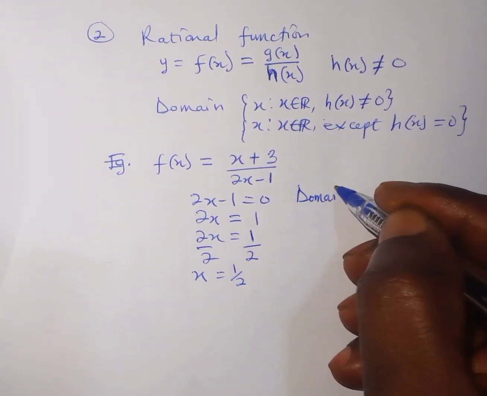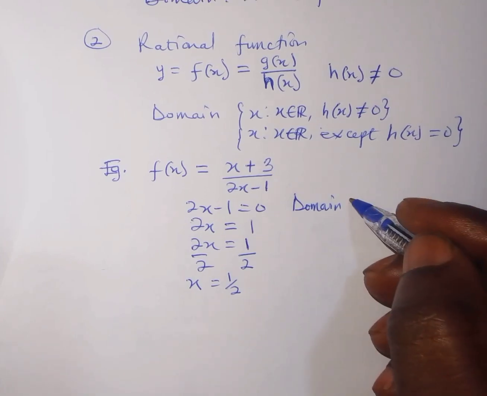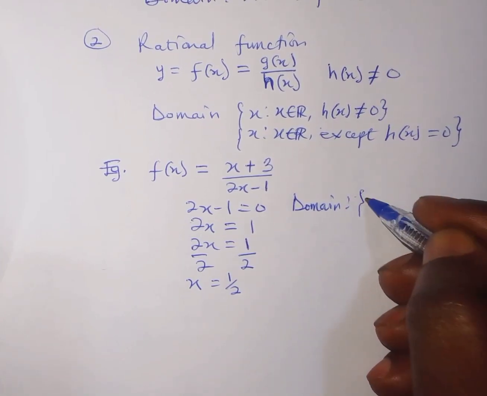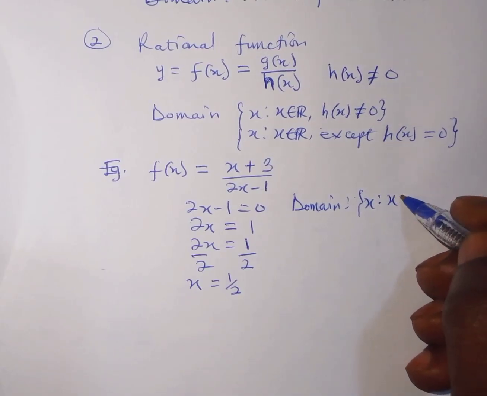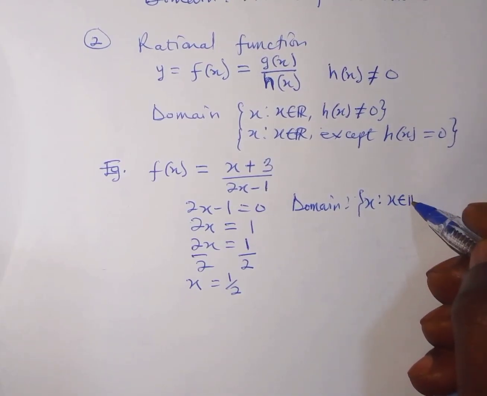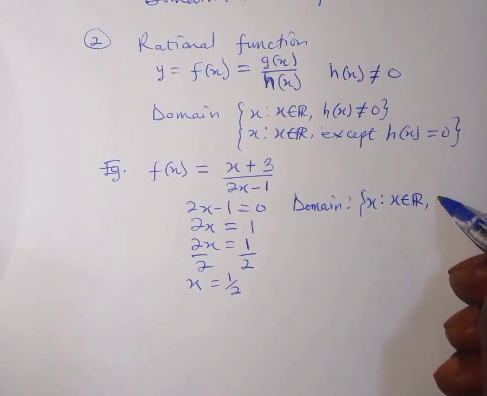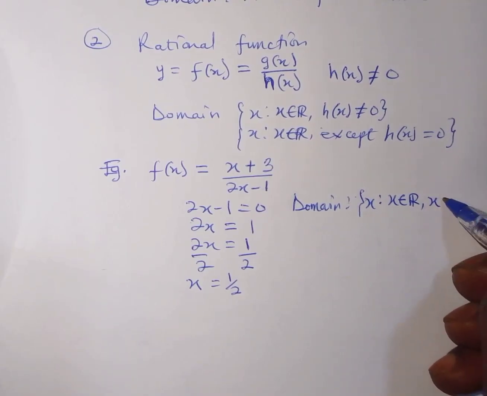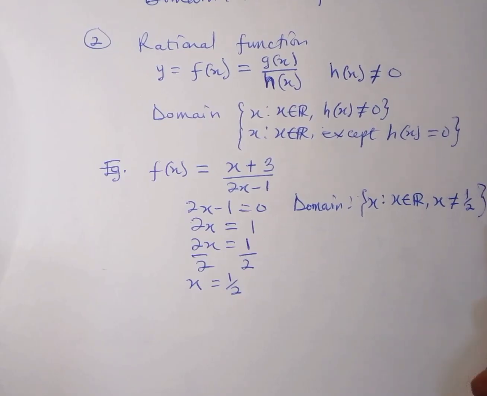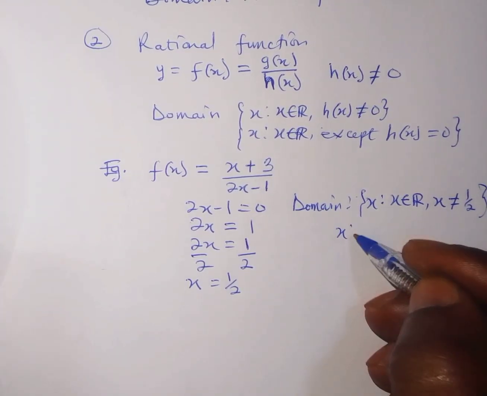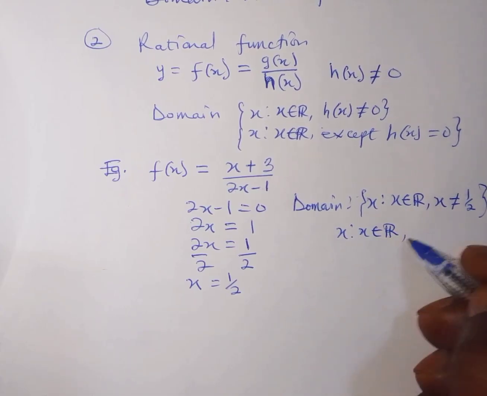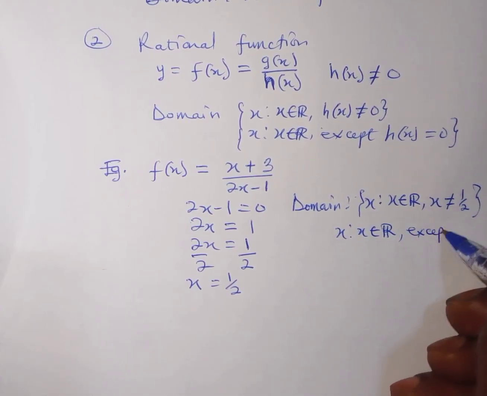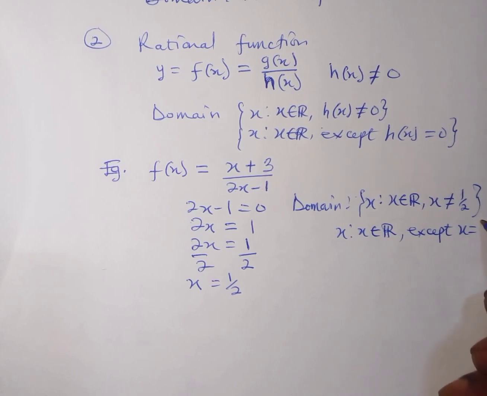is such that x belongs to all set of real numbers except what? So we can say x shouldn't be equal to half, or you can say x is such that x belongs to all set of real numbers except x is equal to half.